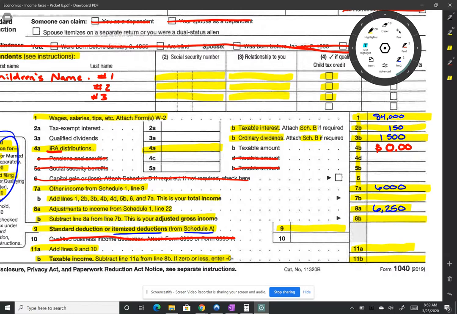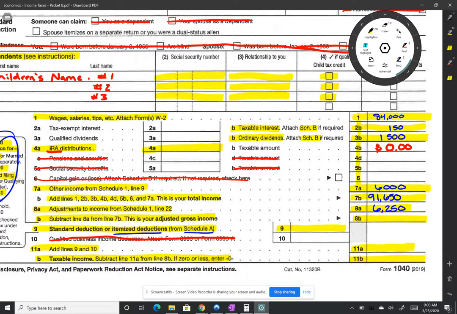Well, made this somewhat easy for me. 84,000 plus 6,000 is 90,000 plus 1,500, that would be 91,500. And then plus 150, 91,650. 91,650 as our total income for this person.